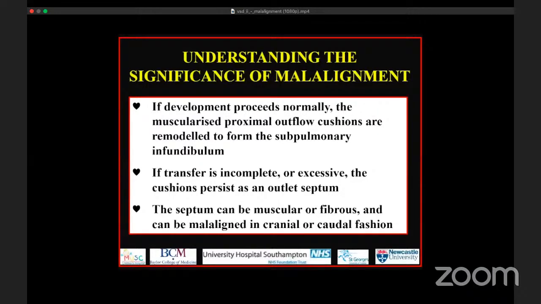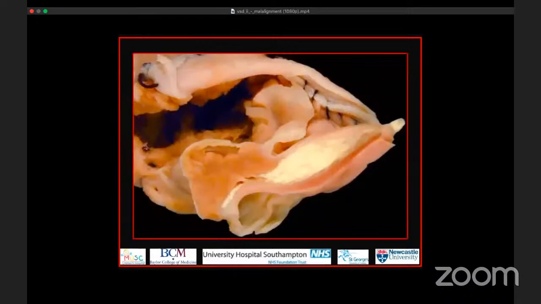The outlet septum can be muscular if those cushions muscularize. It can be fibrous. And now we come to malalignment, because the septum can be malaligned, and it can be malaligned cranially, or it can be malaligned caudally.